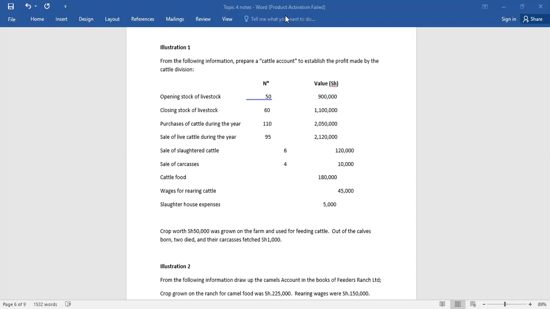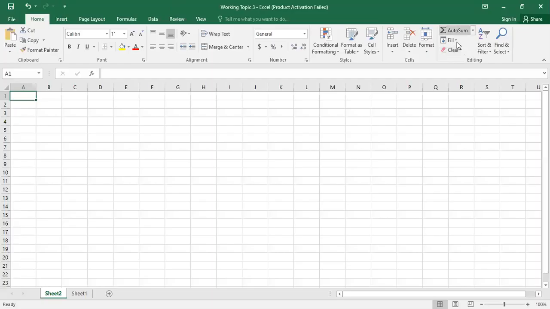There are people who will still not get this. I'm saying we have this kind of a presentation. So we are doing the cattle account. So I can merge these cells.